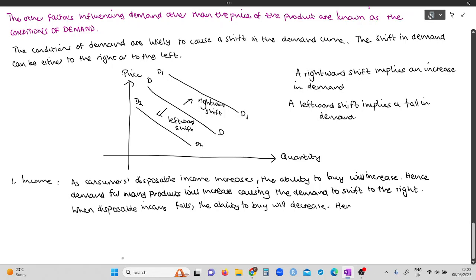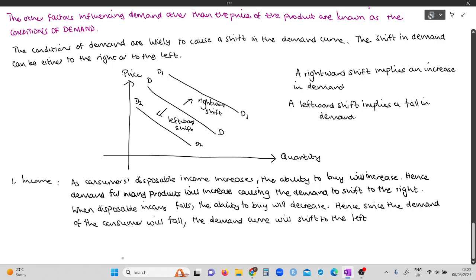Hence, since the demand of the consumer will fall, the demand curve will shift to the left.